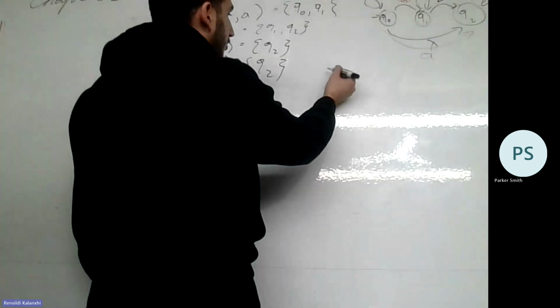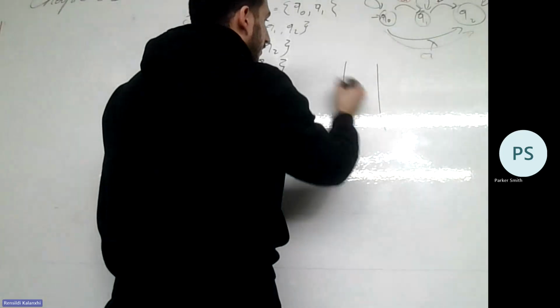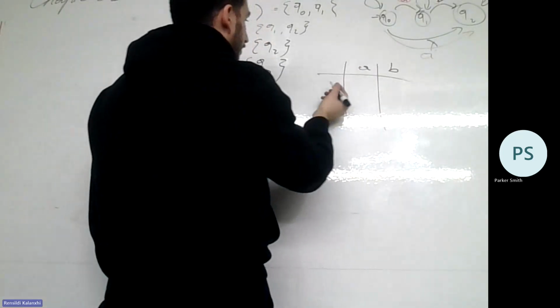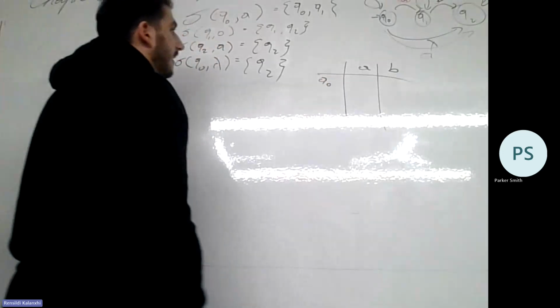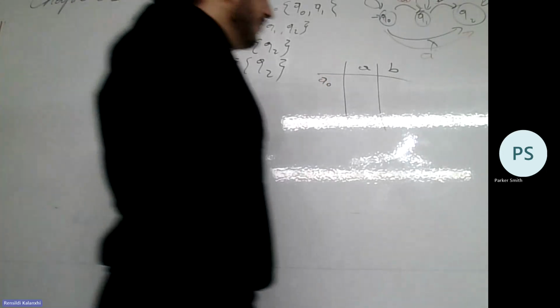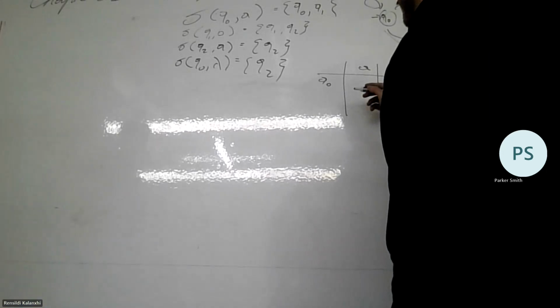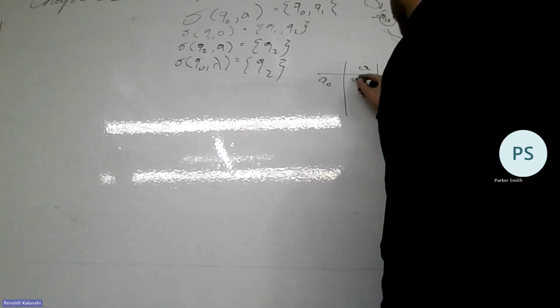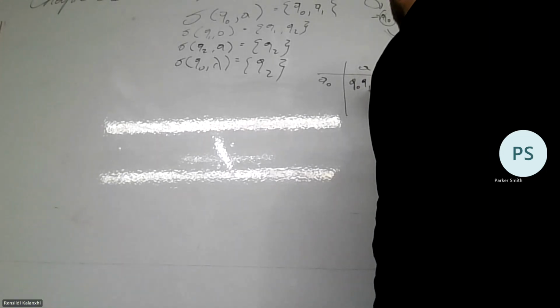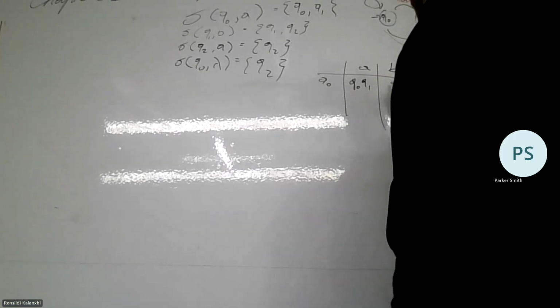So let's make a table, right? Let's go A and B, and we have Q0 here. Q0 pointing with A to Q0, Q1, and then nothing here.